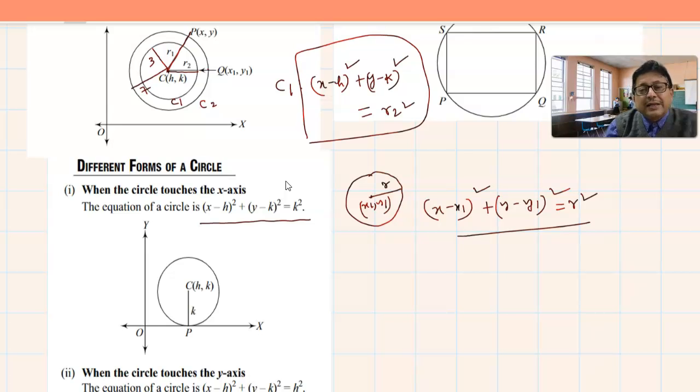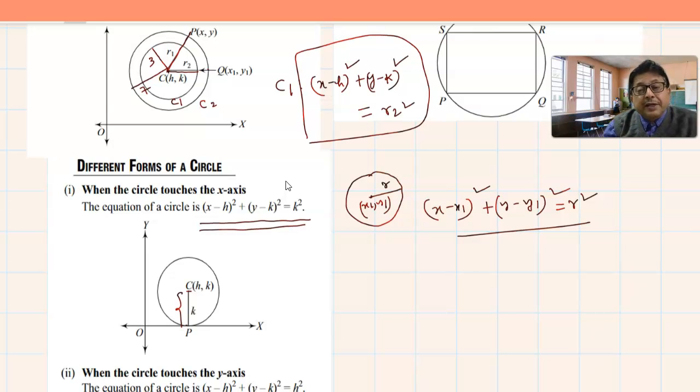Then how do you take this as (x minus h) whole square plus (y minus k) whole square equal to k square? Why is k coming in place of r? Because k is the radius of the circle. That's why the equation is going to be this, because if you draw a perpendicular from the center to the x-axis, this has to be the radius.